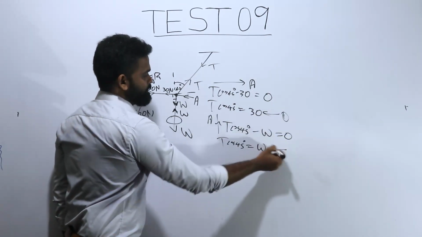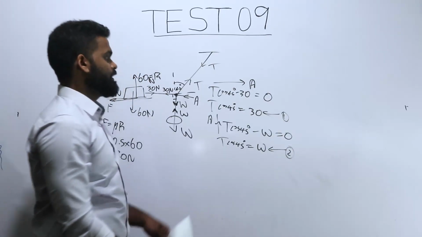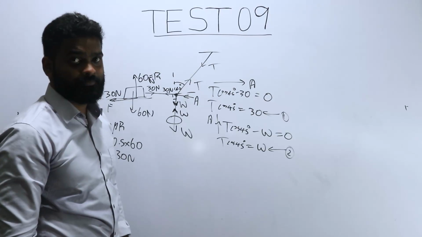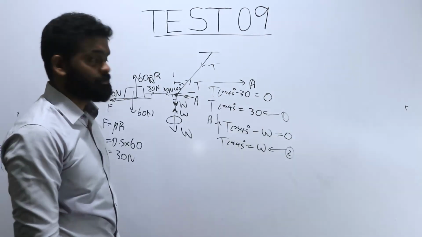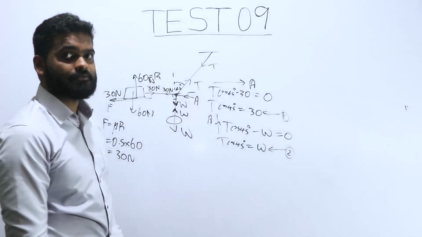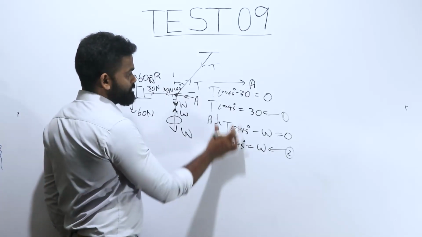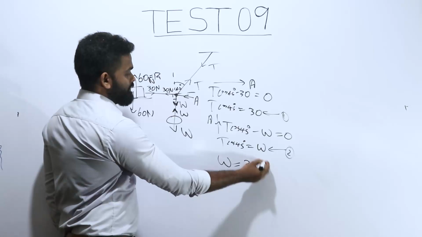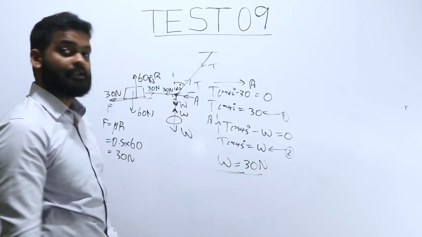So this is the first equation, then the second equation. You can notice that both have T cos 45. Then what should W be? W should be 30 Newton, right? Because these two sides are the same, then the other two sides should also be the same. The W is 30 Newton.